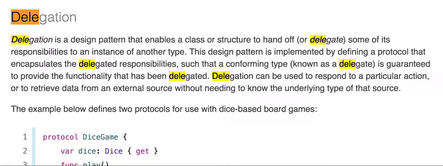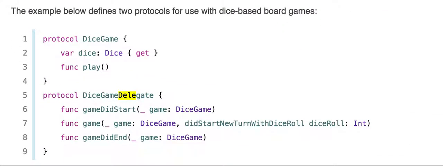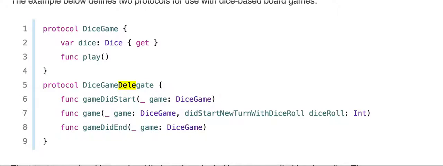So for example, below defines 2 protocols for use with the dice-based board games. We have a protocol DiceGame and we have a protocol DiceGameDelegate. So the DiceGame protocol says we need to have a dice variable which we can get and a function play.